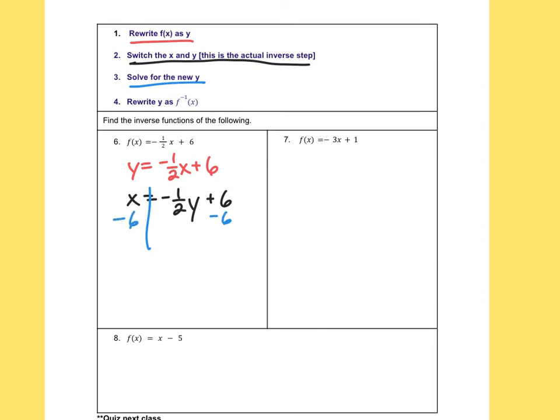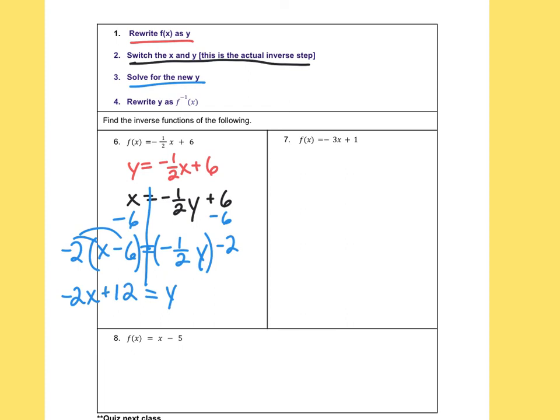Move that 6 over. This becomes x minus 6 equals -1/2 y. I want to kill that fraction. So I'm going to multiply both sides by -2, just so I can get that y by itself. So y equals -2x plus 12.